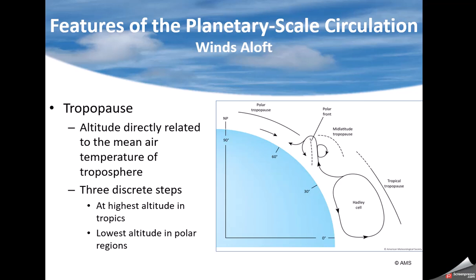So north toward the poles, the air is compressed down and the tropopause is going to be lower. Down towards the tropics, it's going to be much higher because the air is expanded, hotter, and less dense. In between, where we're constantly changing from a polar air mass to a warm air mass, the tropopause will go up and down a lot.